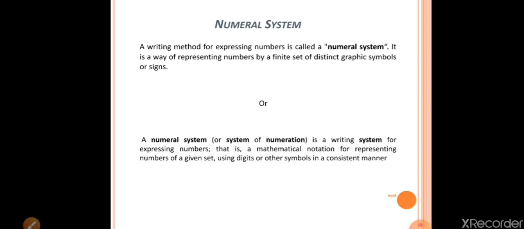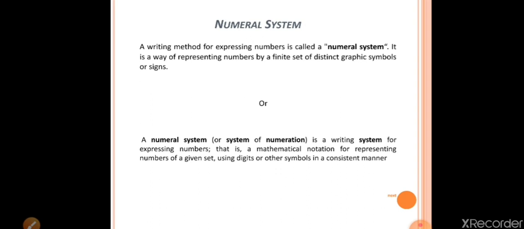Some numeral systems are the Roman numeral system and the Greek numeral system. In the Roman numeral system, you define numbers by alphabet symbols. Like if you write X, that is the symbol of 10.